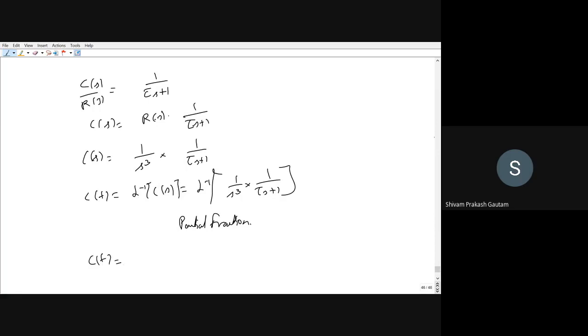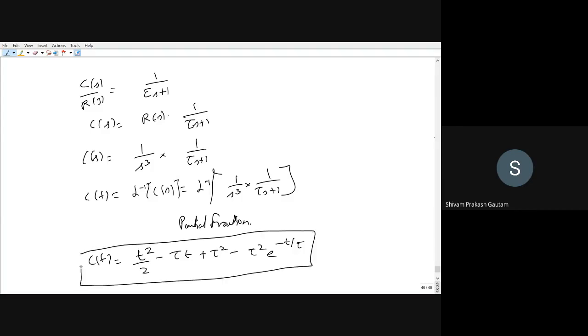I'm directly writing the final result, that is c(t). C(t) in this case will come out to be t square by 2 minus tau t plus tau square minus tau square e to the power minus t by tau. Once you do the partial fraction, your c(t) will come out like this. Just recheck it after the lecture. You do the partial fraction for both ramp as well as parabola and check whether this is coming right or not.